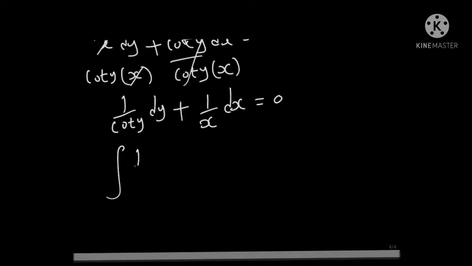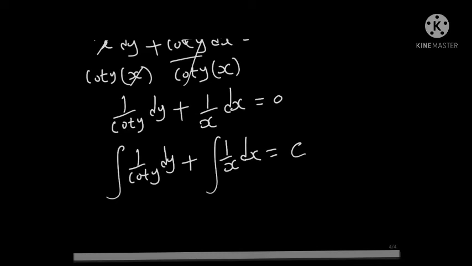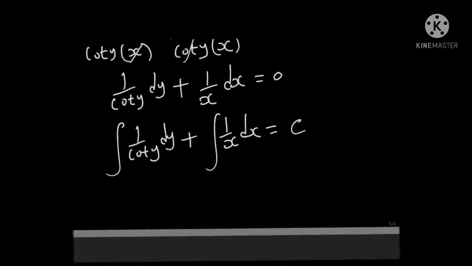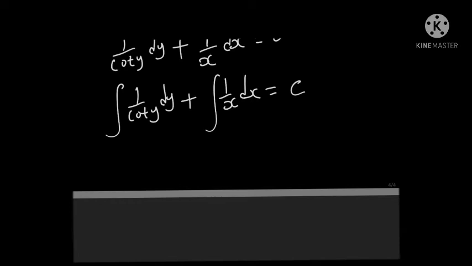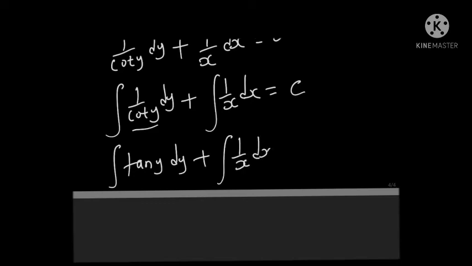So we have the integral of 1 over cot y dy plus the integral of 1 over x dx, and this is equal to the constant of integration. Now, what we need to know is that the inverse of cot y is the same as tan y. So we can say the integral of tan y dy plus the integral of 1 over x dx equals c.